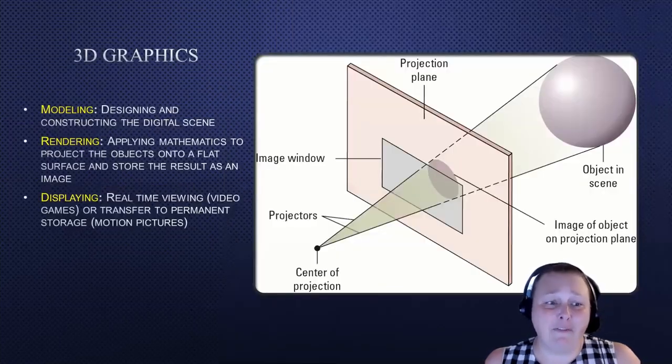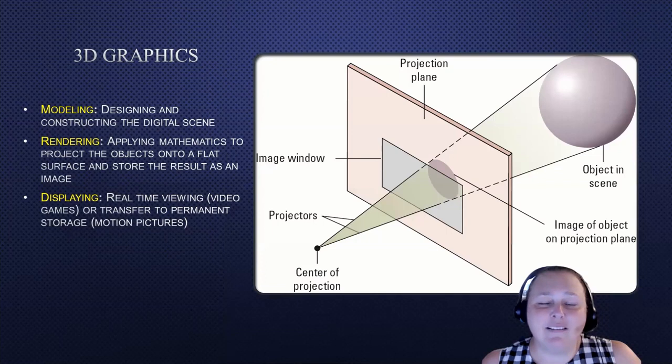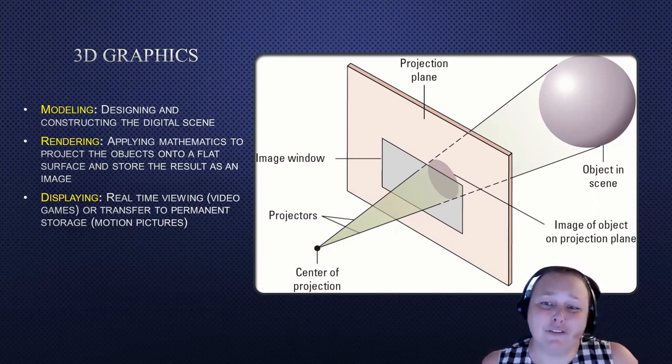Now, for 3D graphics, there are 3 different terminology points that I want to point out to you. Modeling is the designing and the construction of your digital scene. Rendering is applying mathematics to project these 3-dimensional objects onto a flat surface in order to be able to store them as an image.